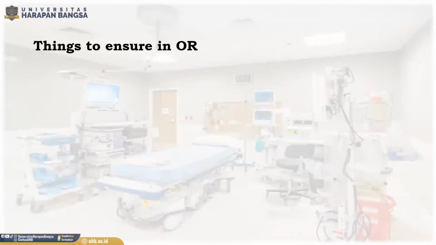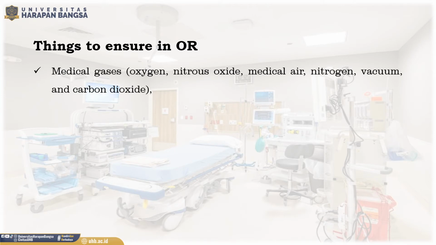Next, things to ensure in the operating room. First, medical gases, including oxygen, that is for resuscitation and inhalation therapy. Nitrous oxide is for sedation and pain relief. Medical air is for keeping the patient comfortable and breathing.